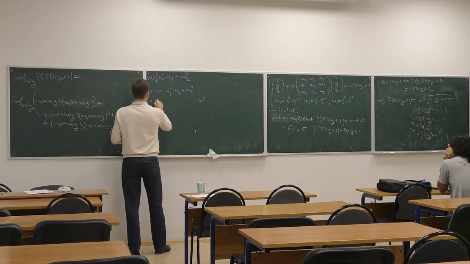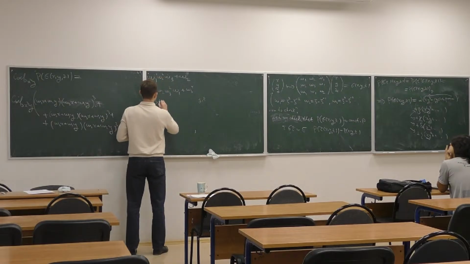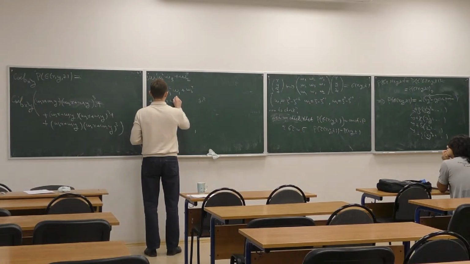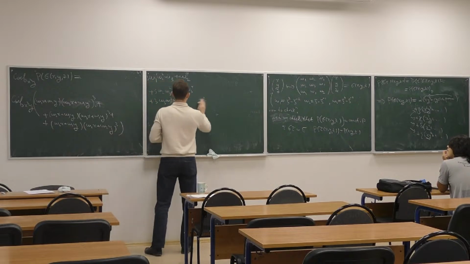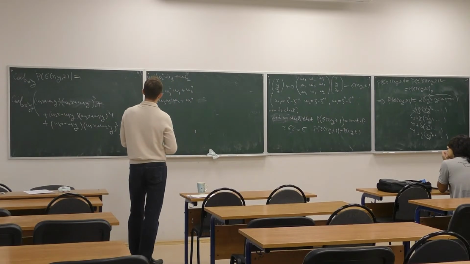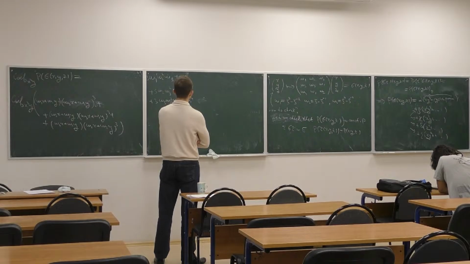And here you get omega 3 plus omega 1, omega 1 squared, omega 2 plus omega 1 to the power 4. And then you just have to substitute.